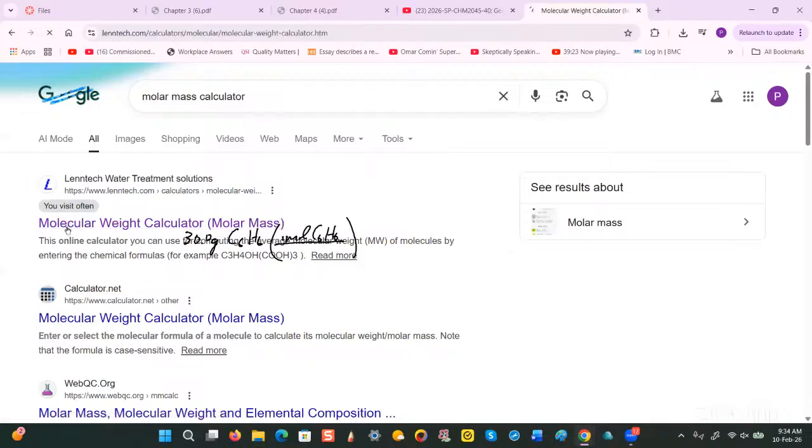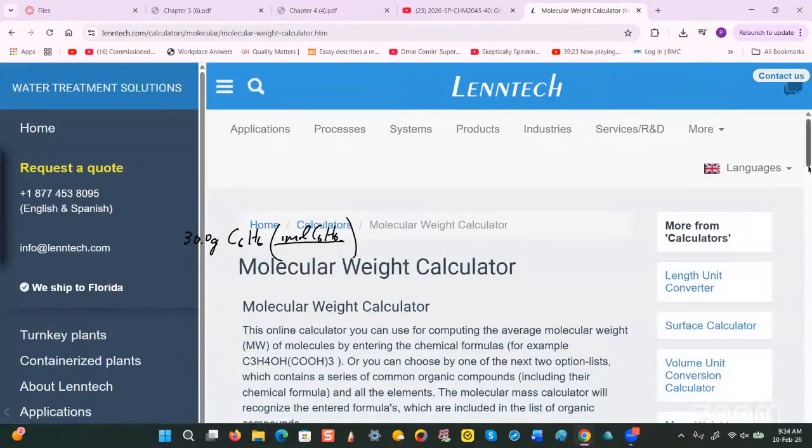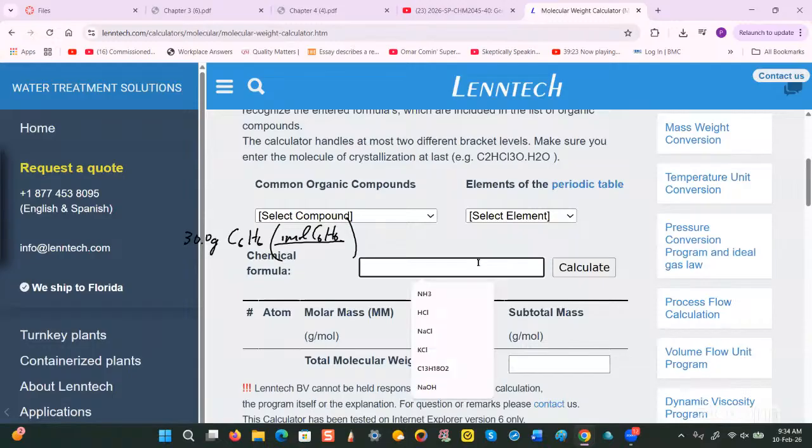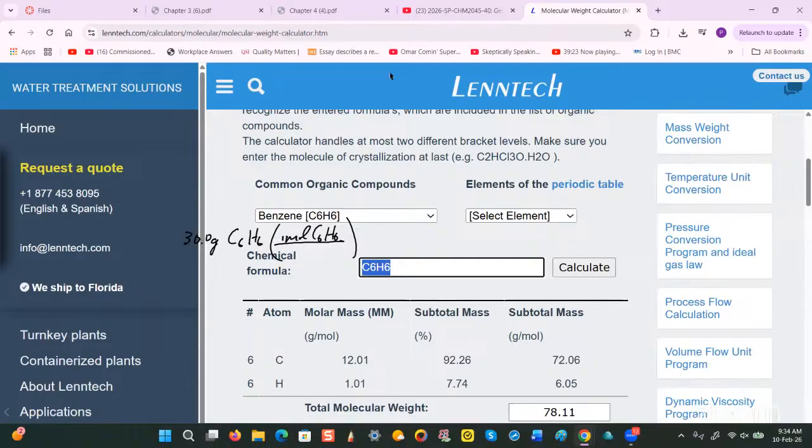I think it's 78 point something, but let me check. C6H6. Okay, 78.11 grams per mole. So that number would go down here, 78.11 grams of C6H6. All right. So that's how we get to calculating the moles of benzene.